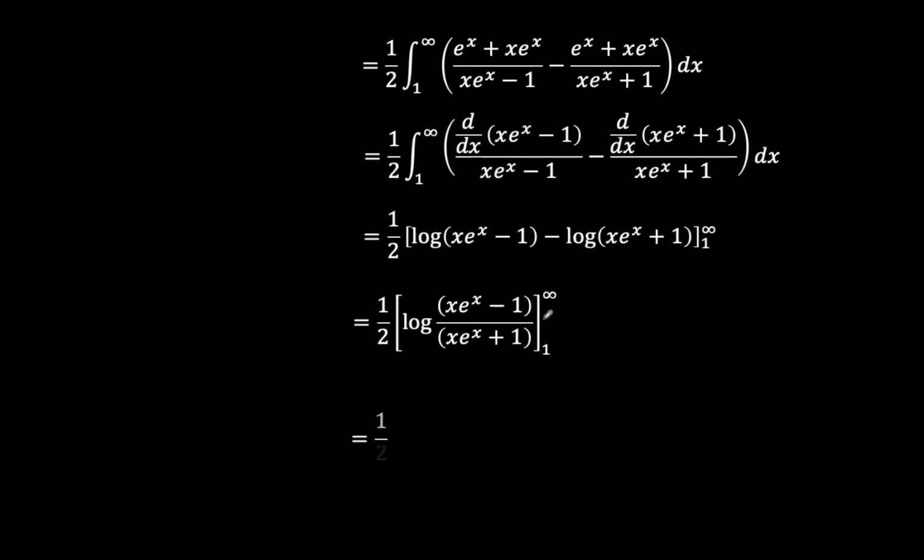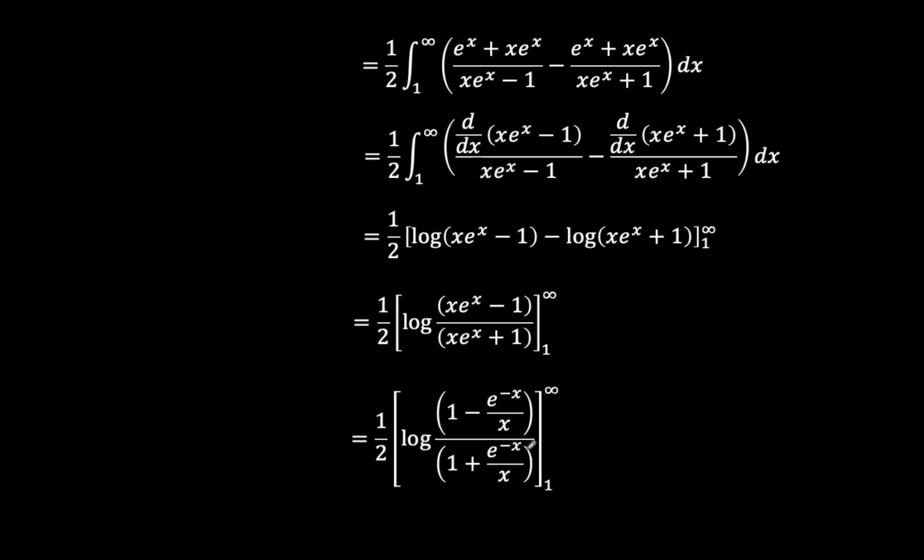So what I do is I divide both numerator and denominator by x times e to the power x, so that I have 1 minus e to the power negative x over x, over 1 plus e to the power negative x over x, all that under the log function, such that when x tends to infinity on the upper side, the numerator here tends to 0, and then 0 times 0 because 1 over x also tends to 0.